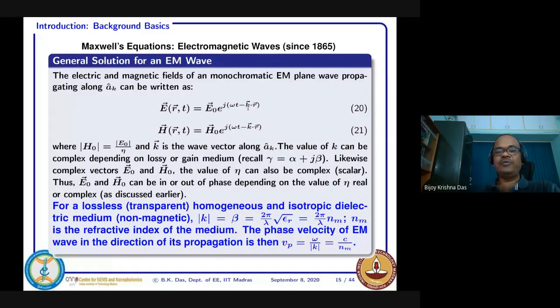And we have to see in a certain r direction what the phase is. That means both k and r are now vectors. So no more beta like a scalar and z like a scalar. If it is one dimension, z is a scalar, right? But if it is propagating in an arbitrary direction, suppose the k direction, and you want to see the phase at position r, you have to take k dot r. That means you have to see the projection of the k vector onto the r position vector.